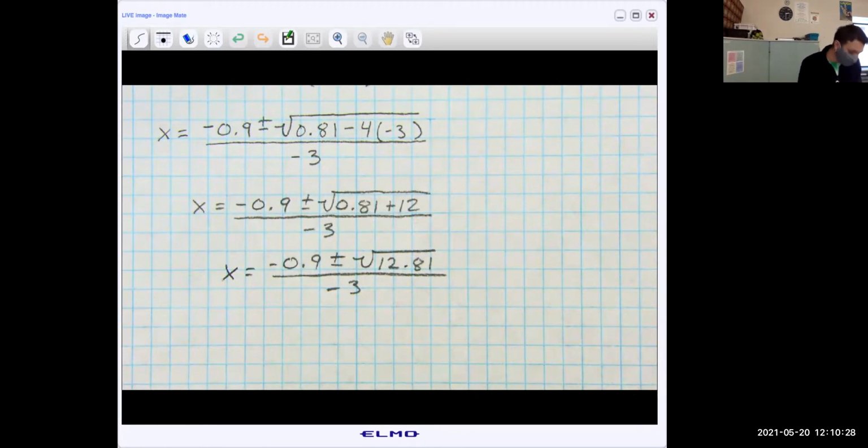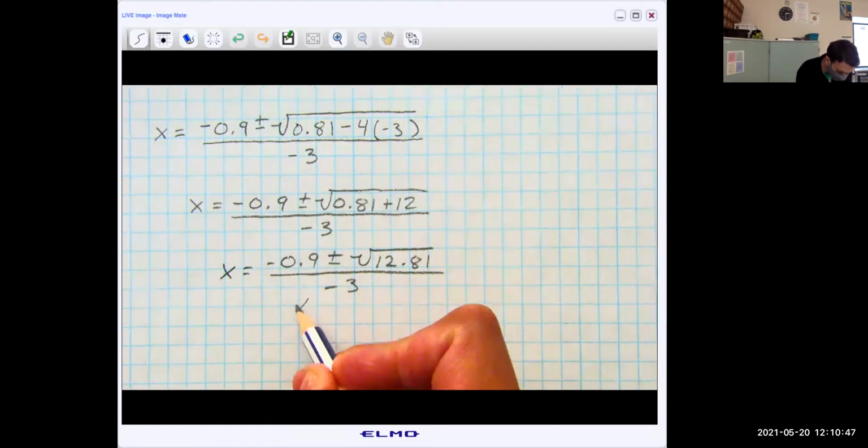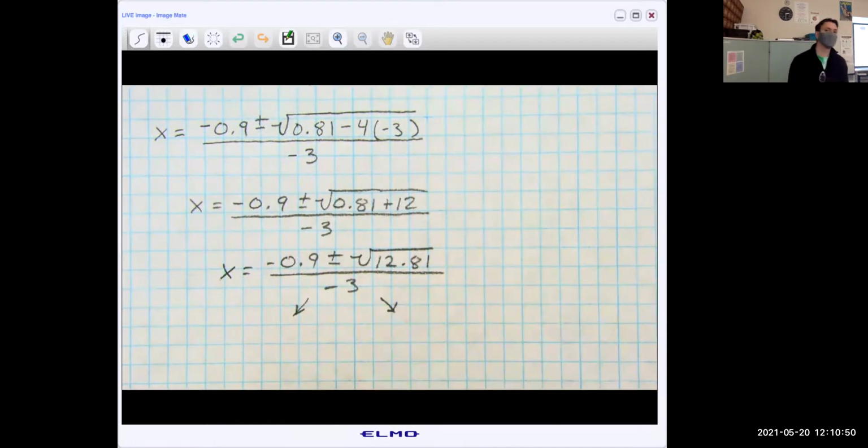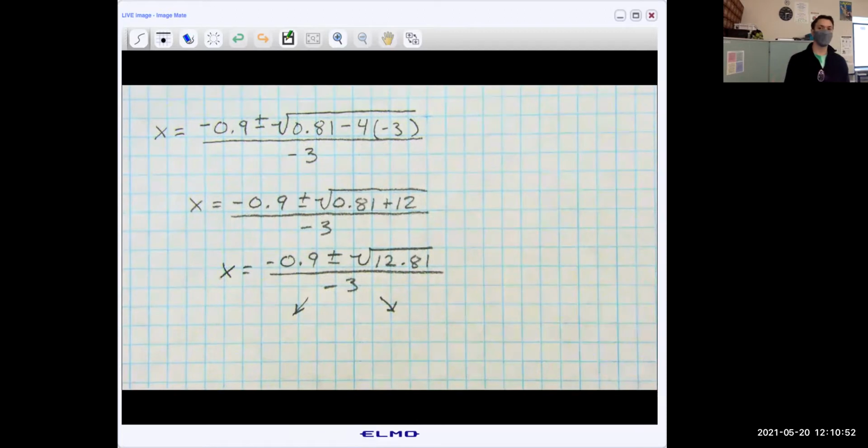Now what I'm going to do is deal with this plus or minus. We want to do negative 0.9 plus the square root of 12.81, but we also want to do it minus the square root of 12.81, because square roots have 2 answers, right? A positive and a negative. That's why we do a plus and a minus. So I split it into the 2 different things. One is going to be with the plus, the other with the minus.